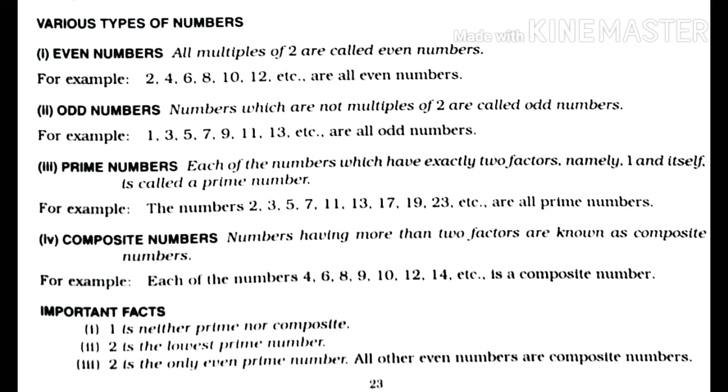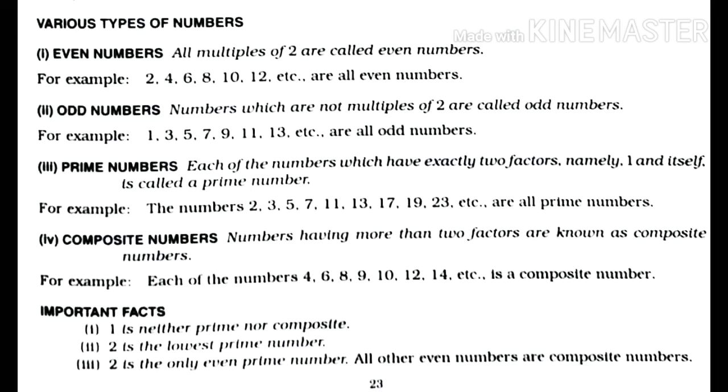Next is prime number. What are prime numbers? Each of the numbers which have exactly two factors, namely 1 and itself, is called a prime number. For example, 2, 3, 5, 7, 11, 13, all these are prime numbers. Composite numbers. What are composite numbers? Numbers which have more than two factors are called composite numbers.